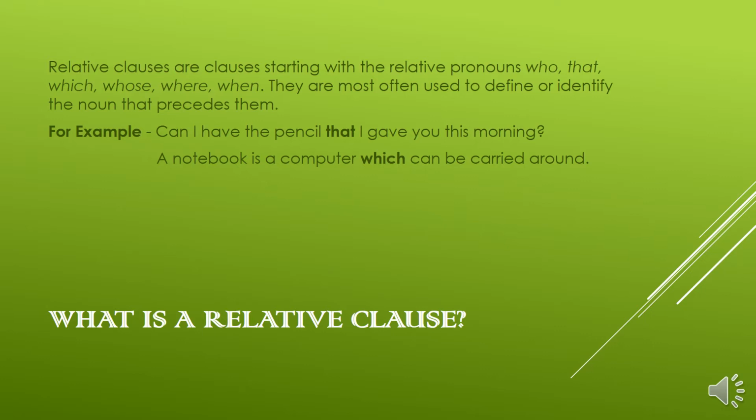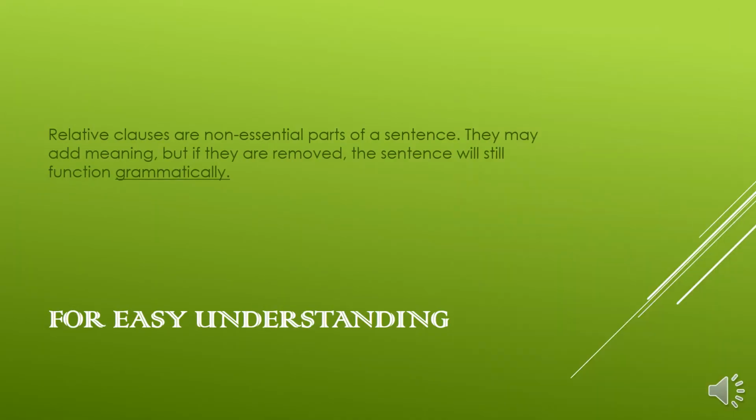So what is it? We have a relative clause which would not change the meaning of the sentence even if it is there or not there. So well, let's understand this a little better. Relative clauses are non-essential parts of a sentence.